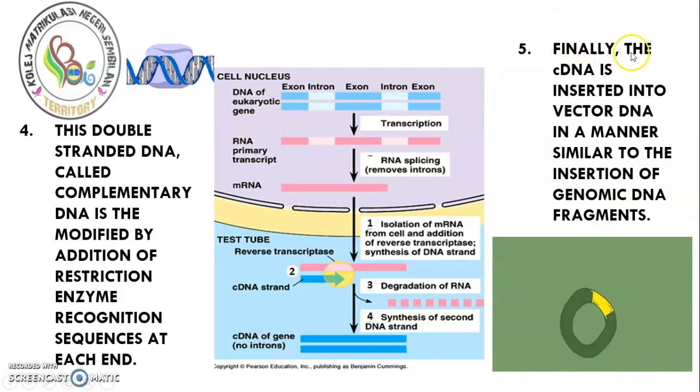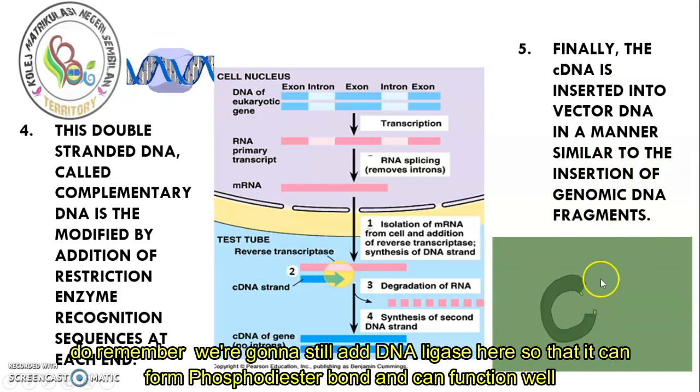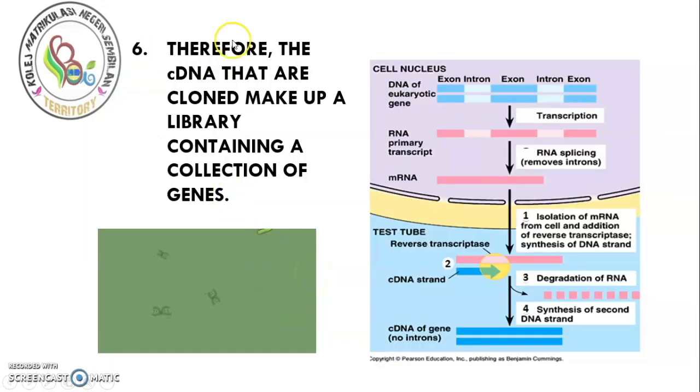And then finally, the cDNA is inserted into vector DNA in a manner similar to the insertion of a genomic DNA fragment. Do remember we're still going to add ligase here so that it can form the phosphodiester bond and function well. Therefore, the cDNA that are cloned make up a library containing a collection of genes.